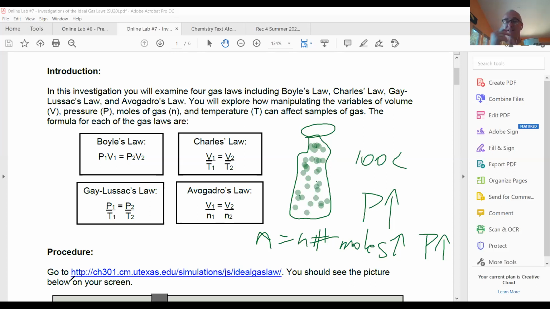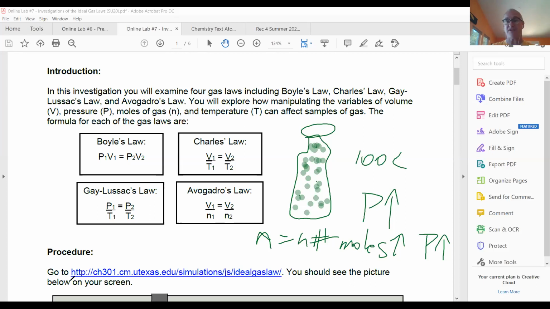What if I have just the same number of molecules, but I wanted to make them move faster? How would I do that? Heat. Heat, exactly right. Because we know the higher the temperature, the higher the thermal energy of the system, and the more kinetic energy we give to the molecules.